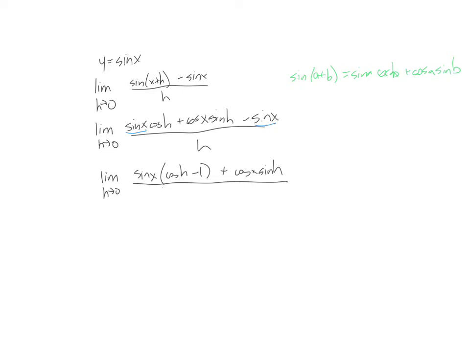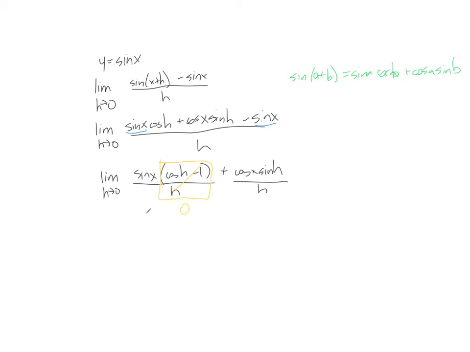I'm going to split it apart because we have two terms being added. Let's put h on this one, and h on this one, and treat this as two separate fractions being added together. Now you can see we have, back to our trig limits that we did yesterday, this cos h minus 1 over h will be 0.